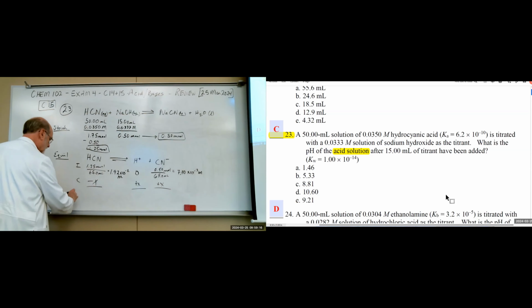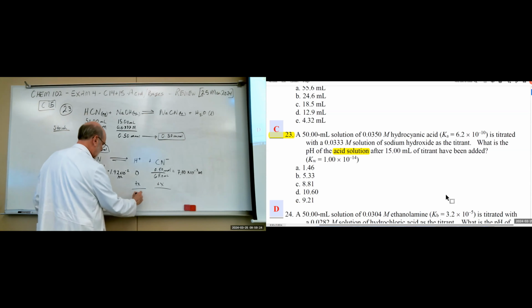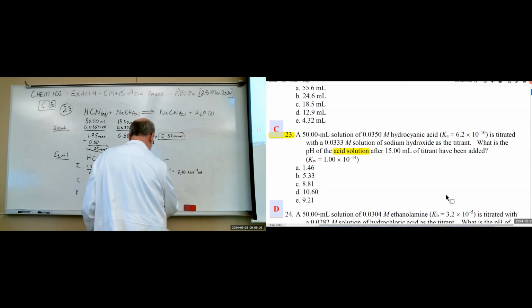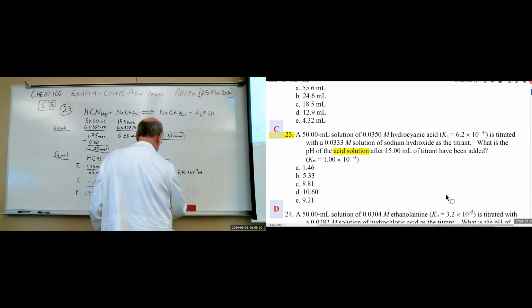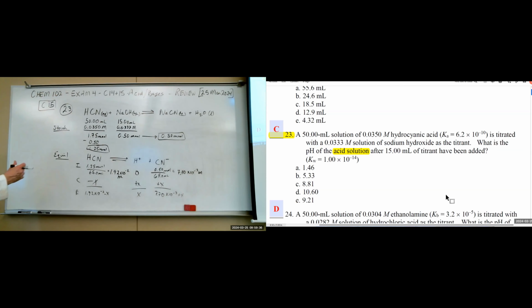So now at equilibrium we have 1.92 times 10 to the minus 2 minus x, x here, and 7.70 times 10 to the minus 3 plus x. Okay, that's our equilibrium situation.